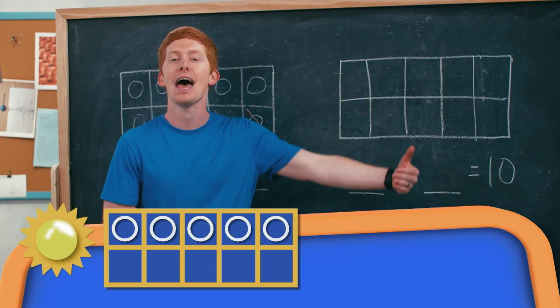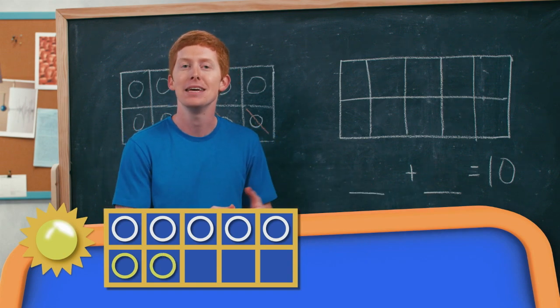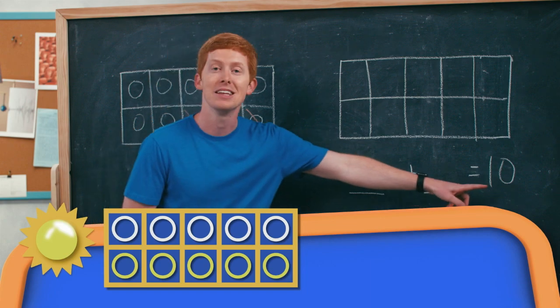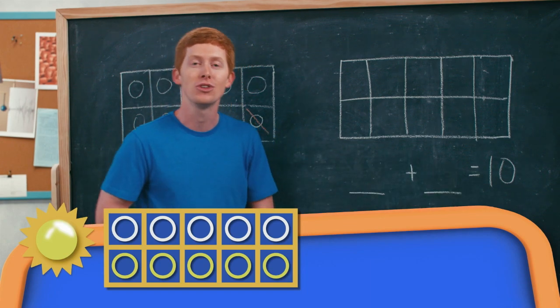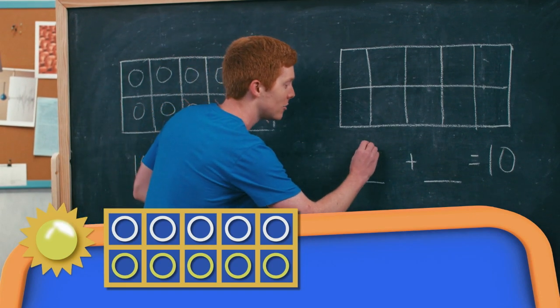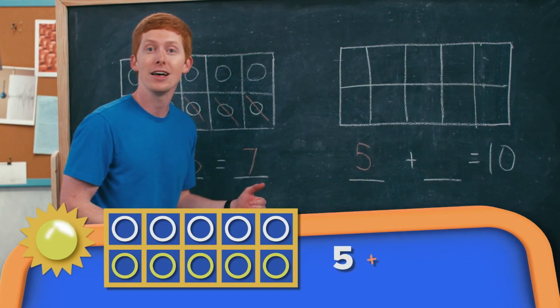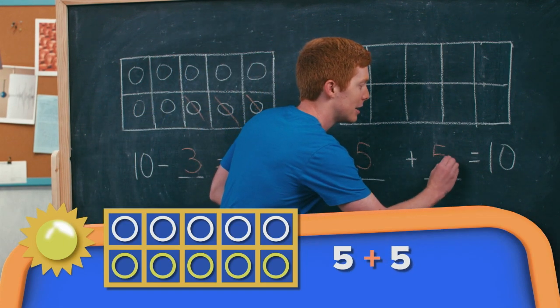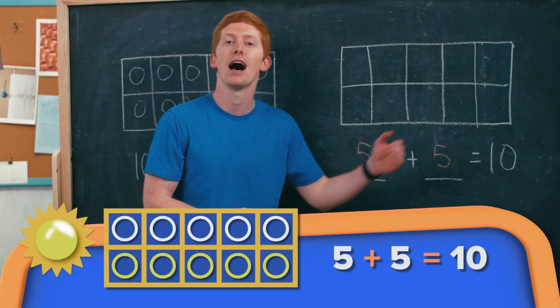How many do we have to add on to 5 to make 10? Because we know that we had 10 in that box to start with. So that's what we're trying to get to. It's supposed to equal 10. Well, we can write this either with that 10 frame or with an equation. 5 plus, if we add 5 more onto it, we know we're going to get to 10. 5 plus 5 equals 10.